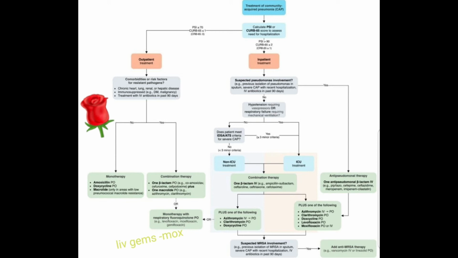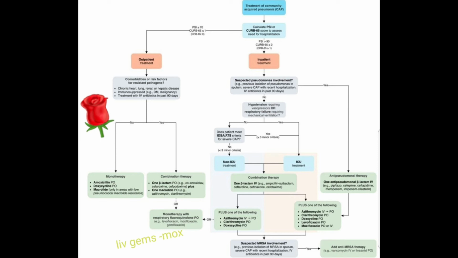For ICU or non-ICU treatment, one thing is common: we have to give combination therapy, with an IV beta lactam. What we choose depends on whether it is ICU or non-ICU treatment. Luckily there are only two extra drugs you have to remember for the ICU treatment, that is levofloxacin or moxifloxacin.